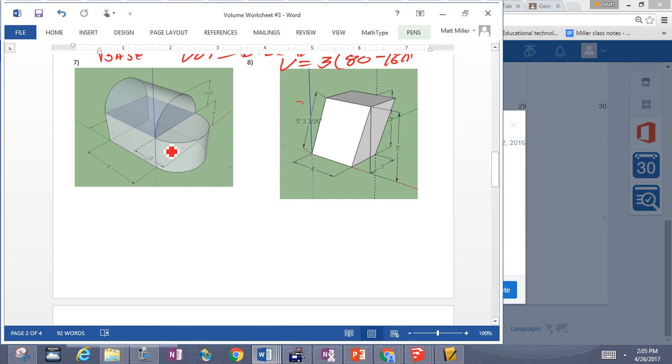This figure, well, basically it's two figures in one. The top portion is just a semi-cylinder, if you will. It's a half of a cylinder. The radius of which is 3.5, and the length of which is what? 8 less 3.5.